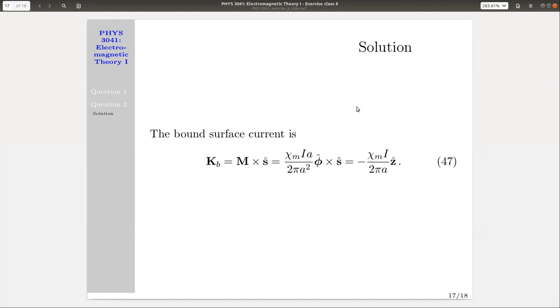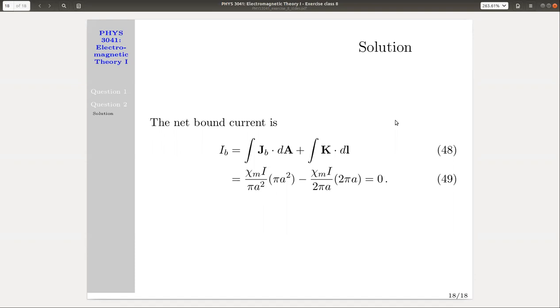In cylindrical coordinates, we have three unit vectors: the radial unit vector s hat, the angular unit vector phi hat, and the last one is the vector pointing in the positive z direction, z hat. The cross product between phi hat and s hat is equal to minus z hat. And that's why we have the bound surface current equal to this expression.